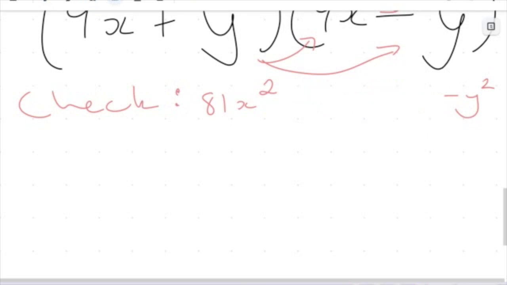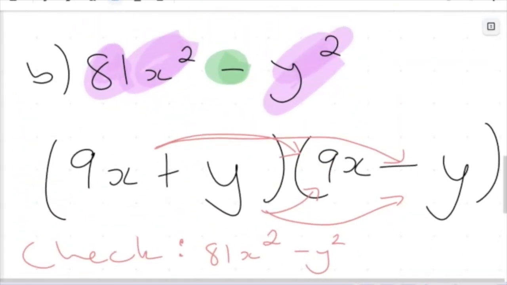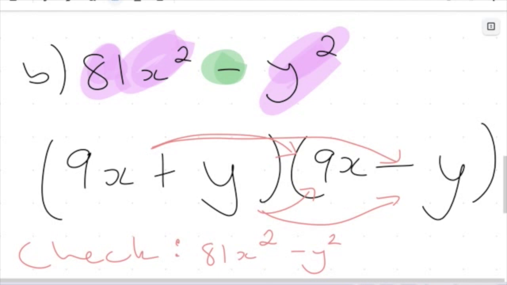And I get left with 0, I get left with 81x squared minus y squared. I get the same thing here.